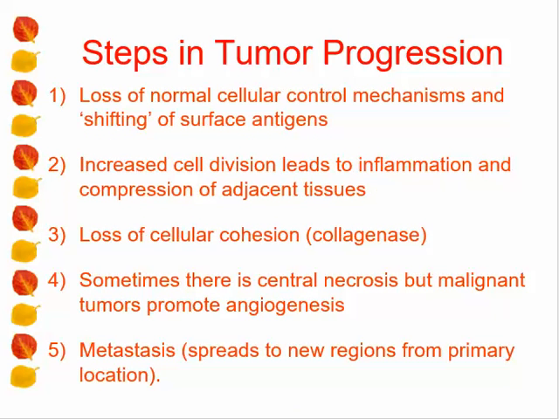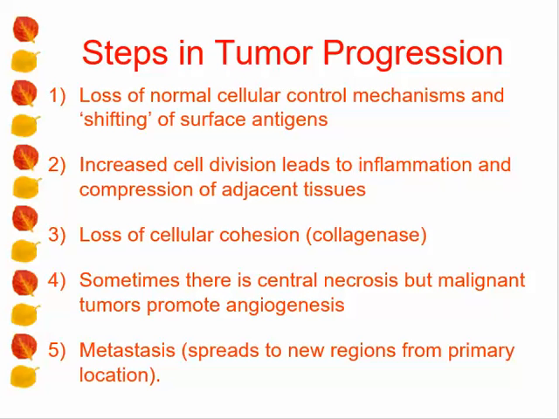So if we look at how tumors grow, the first thing that happens is the normal cellular control mechanisms lose control. The surface antigens, something like the receptors on the surface of the cells, start to not be correct for a number of reasons. It could be a genetic variation within the cell itself.